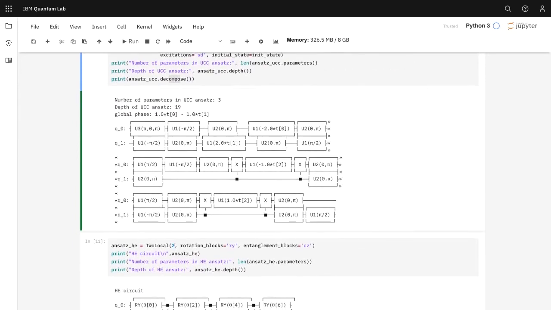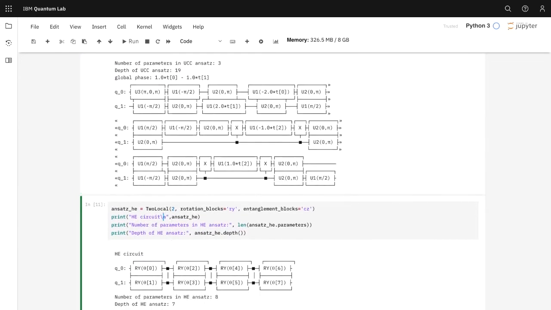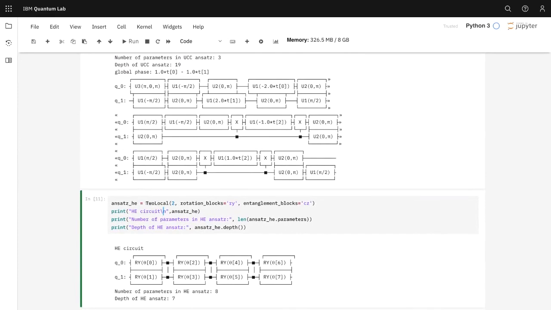Now we can look at the hardware efficient ansatz. There are multiple ways to do this, but Qiskit has TwoLocal to construct the hardware efficient ansatz with gates that rotate around the y-axis and controlled-Z gates as multi-qubit gates.